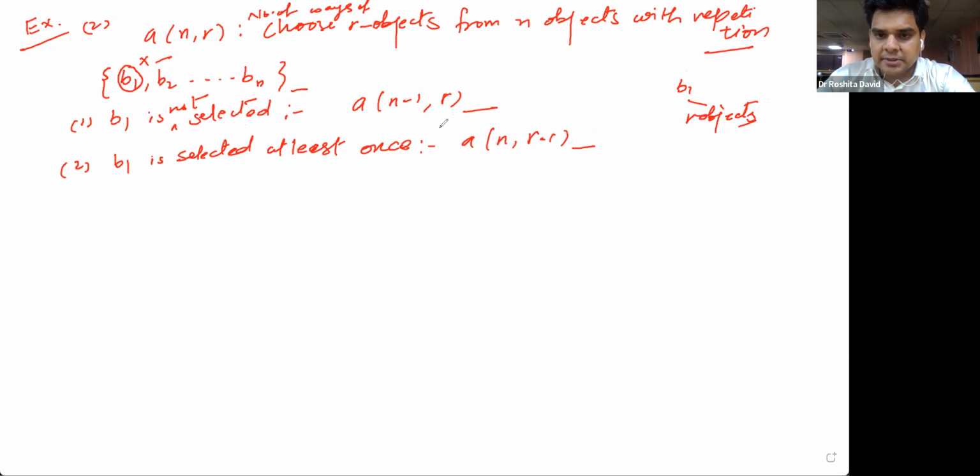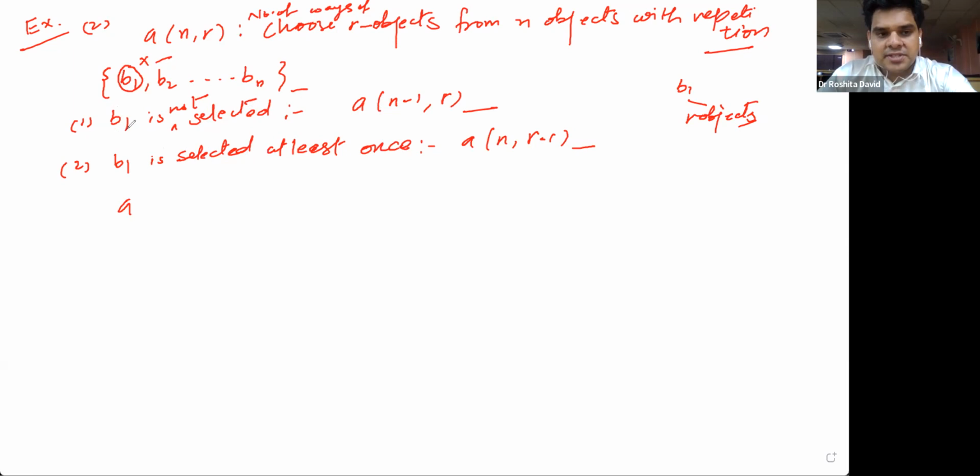So a_{n,r} is nothing but the summation of these two mutually exclusive conditions. Both are mutually exclusive because their intersection is zero, there are no common things.